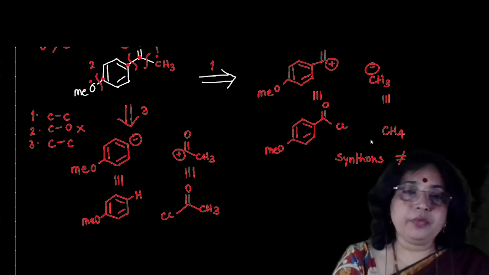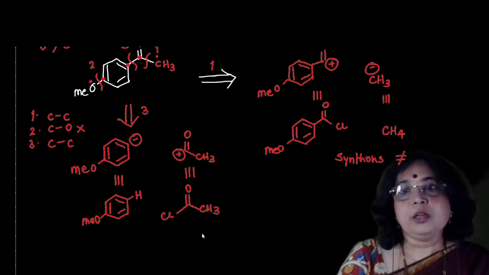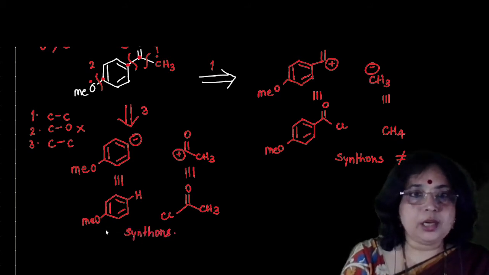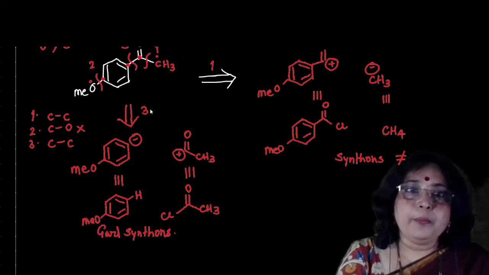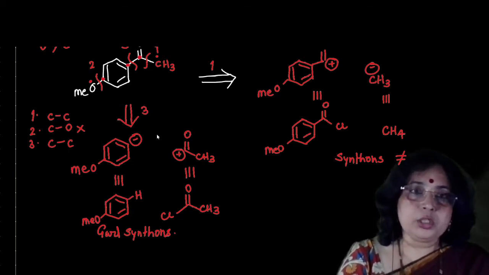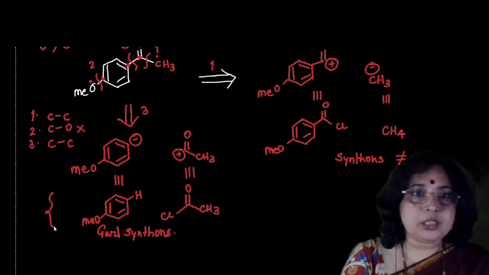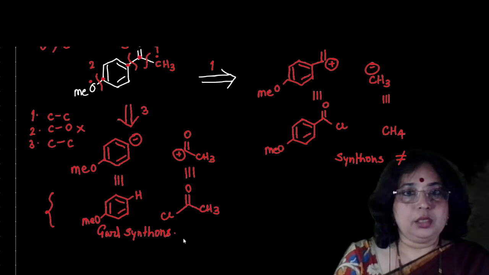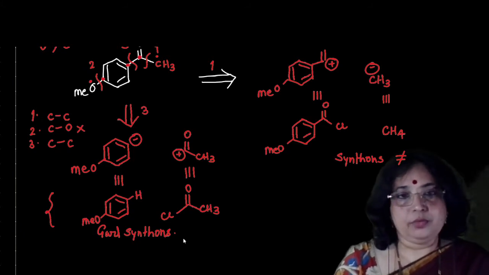It is a really difficult task in the laboratory. So these are the good synthons obtained. So approach 3 is really a good approach where we can obtain good synthons, and good synthons are giving you good synthetic equivalents.